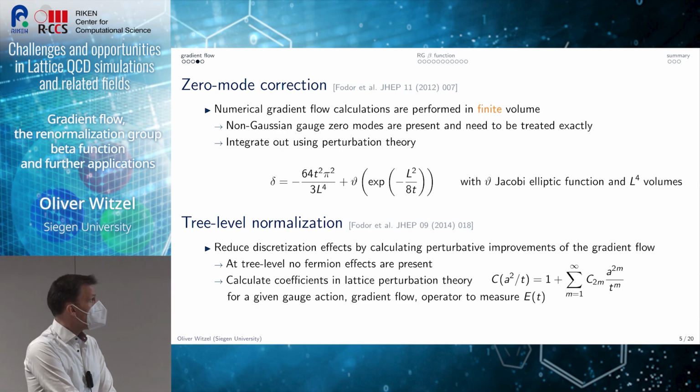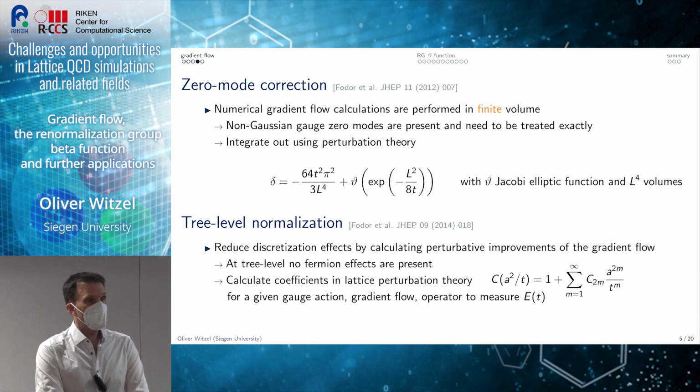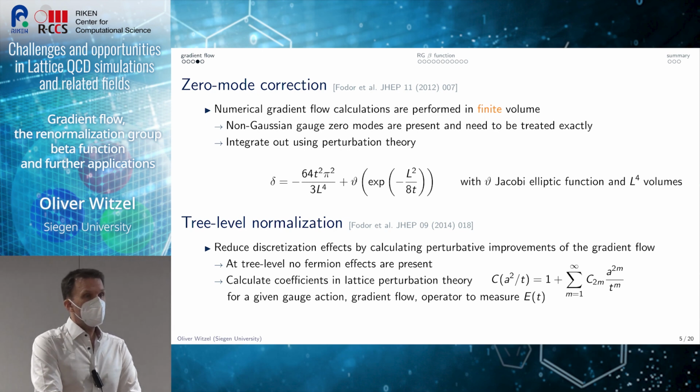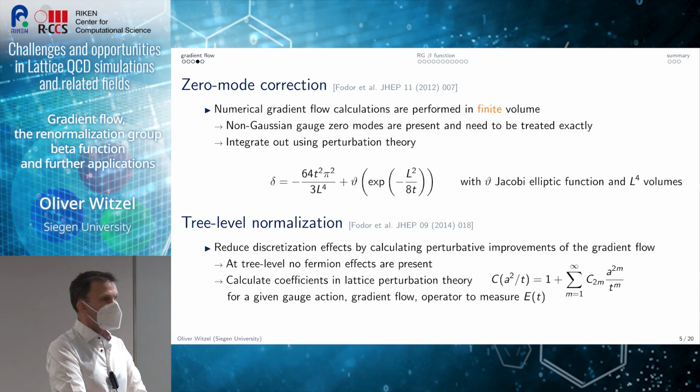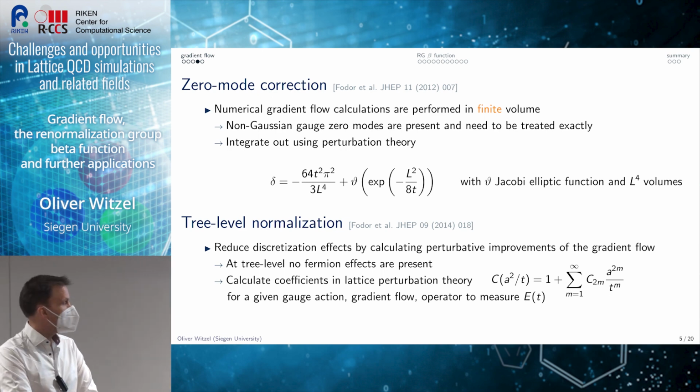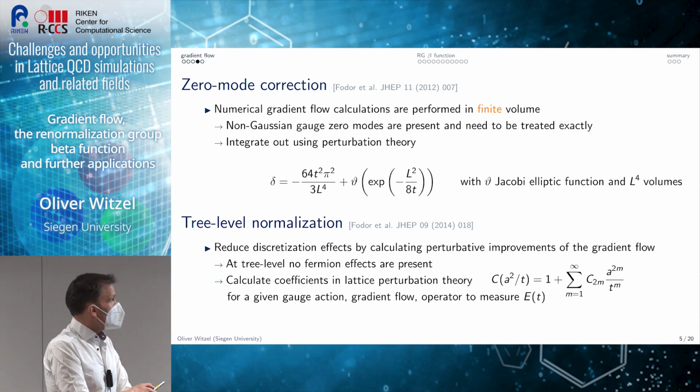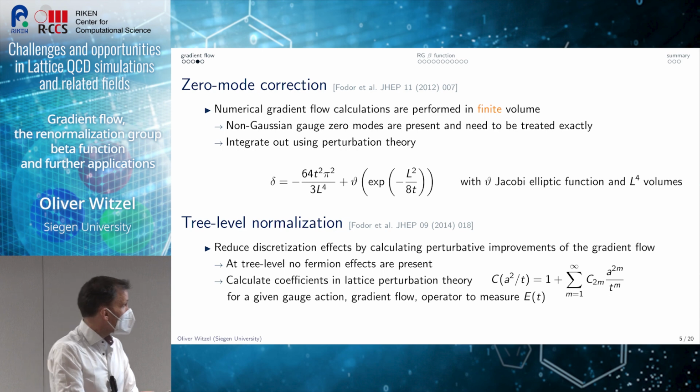Now you can go further, and in particular if you're looking at calculating renormalization group beta functions where we are exploiting the finite volume and we work in small lattices, you need to be aware that there are certain corrections. So the first and most important one is the so-called zero-mode correction.